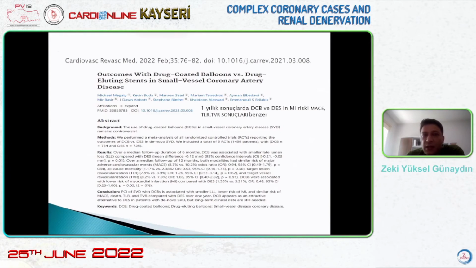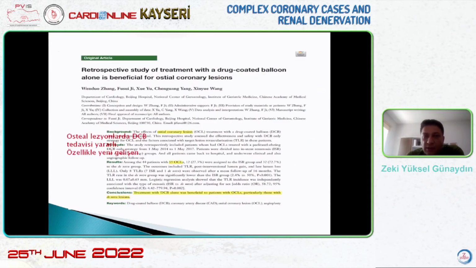Again, in Cardiovascular Medicine 2022, a study giving the 1-year results showed MACE results are similar. This is also good. All lesions were taken into consideration, especially the benefits of drug-coated balloon therapy.